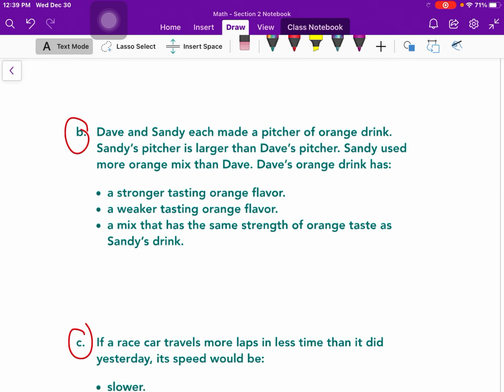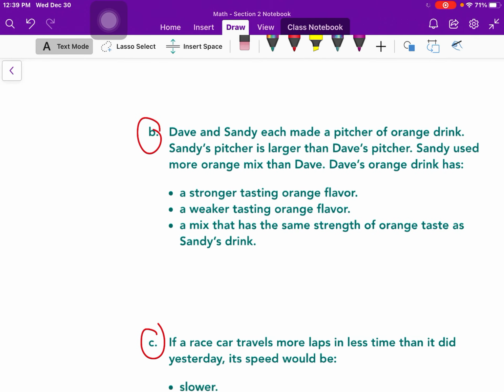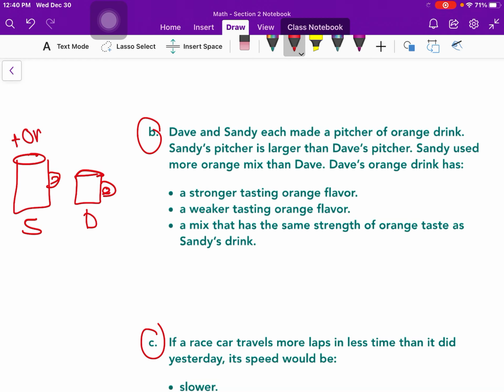B. Dave and Sandy each made a pitcher of orange drink. Sandy's pitcher is larger than Dave's pitcher. Let's make a little pitcher here. Here is Sandy's, and Dave's got a little bit smaller pitcher. That's for Dave. All right, Sandy used more orange mix than Dave.